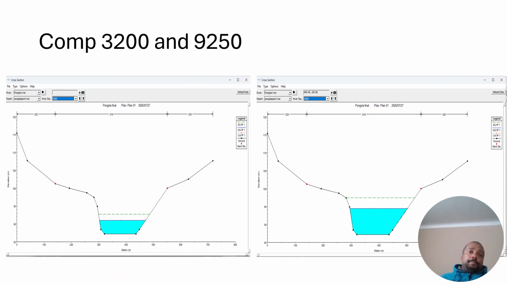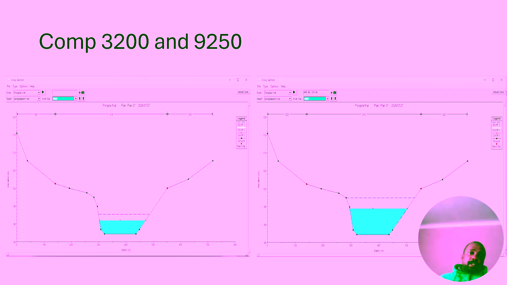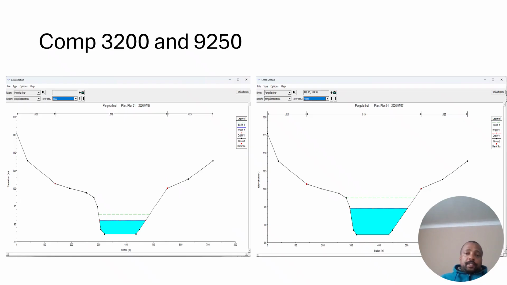So now we compare the discharge of 3,200 and 9,250. You can see here, this original, we use this 3,200 as the baseline. I tried to make them as congruent as possible so that they start from the same point, which is the point between 90 and 80, roughly 85, 87.